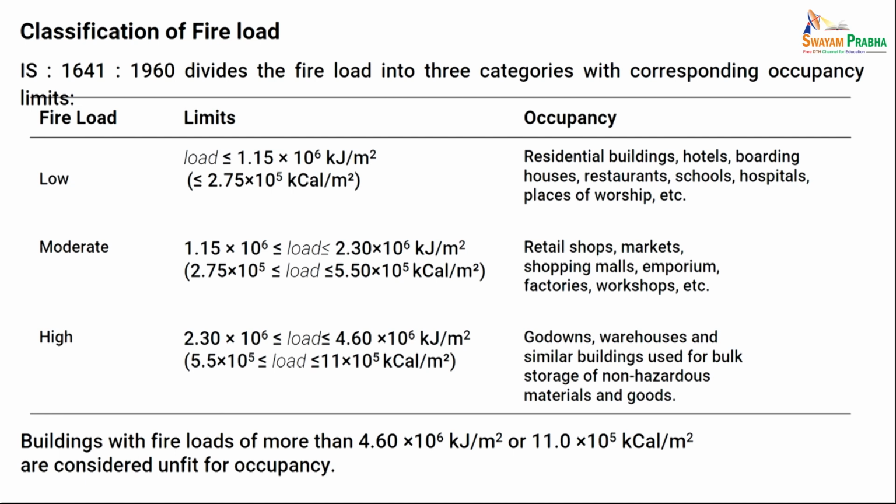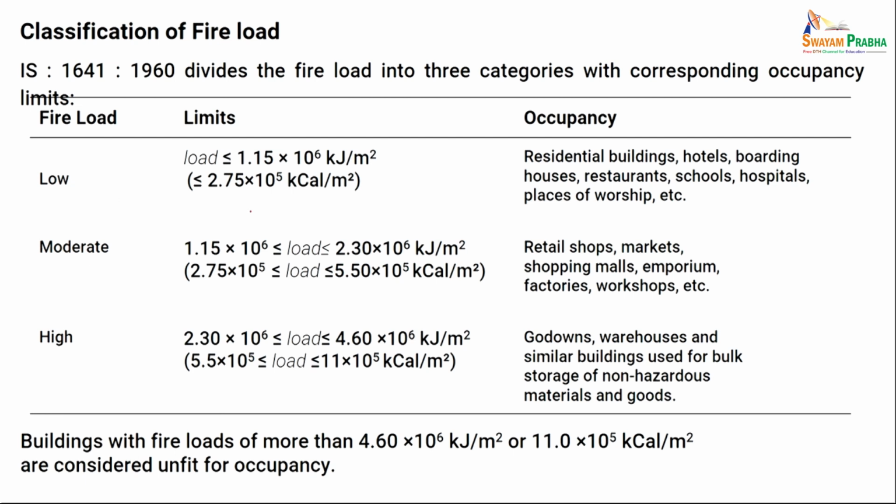There are ranges where IS 1641 of 1960 divides the fire load into 3 categories with corresponding occupants. Sometimes we use international codes also, but here you see, fire load is low means risk is low, fire load is moderate means risk is moderate.